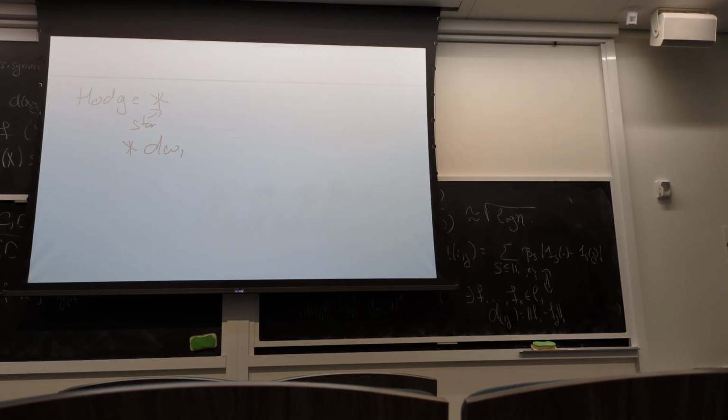Star of dx_I is equal to dx_J, where dx_I wedge dx_J is equal to dx1 to dxn.